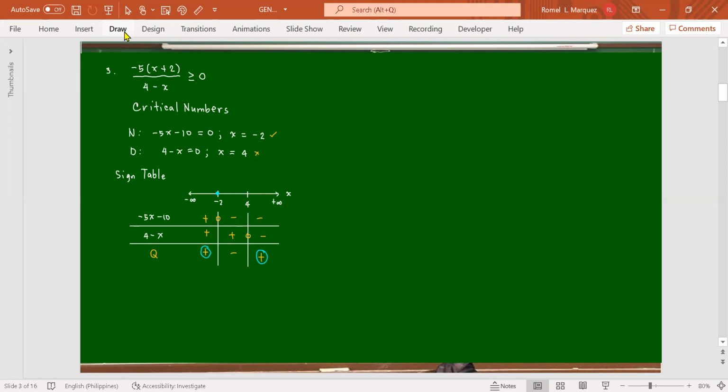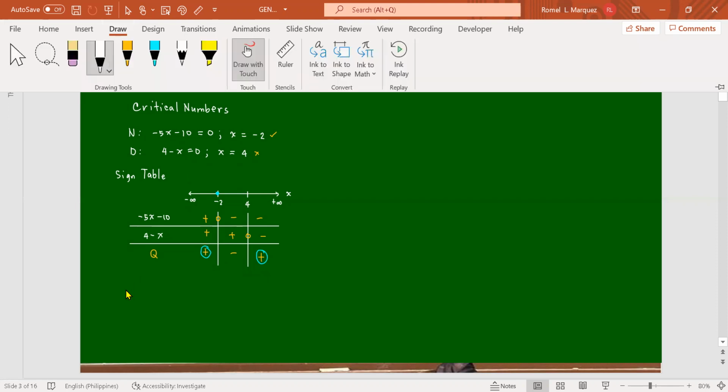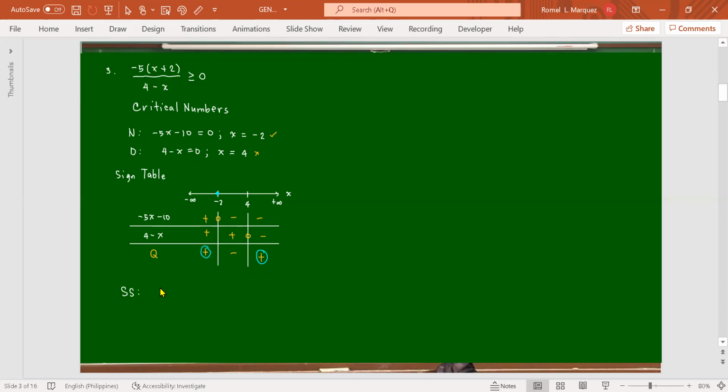Okay? So we now have the solution set. Set of all x such that x is less than or equal to -2, or x is greater than 4.